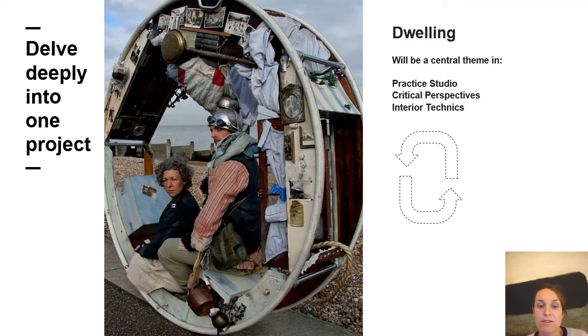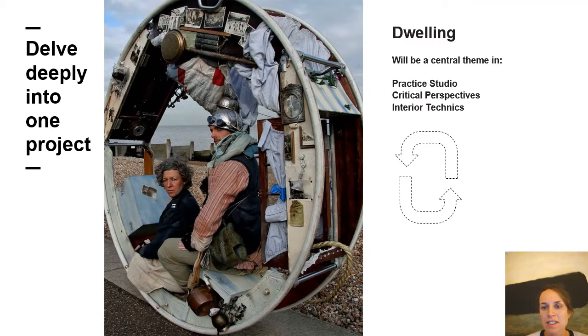The theme of dwelling will be central to this course, Design Practice, as well as to critical perspectives and to interior techniques. So you'll be examining dwelling through 3 different lenses. The idea is that you'll be able to draw from each of these subjects and to apply learnings from each subject to other courses.